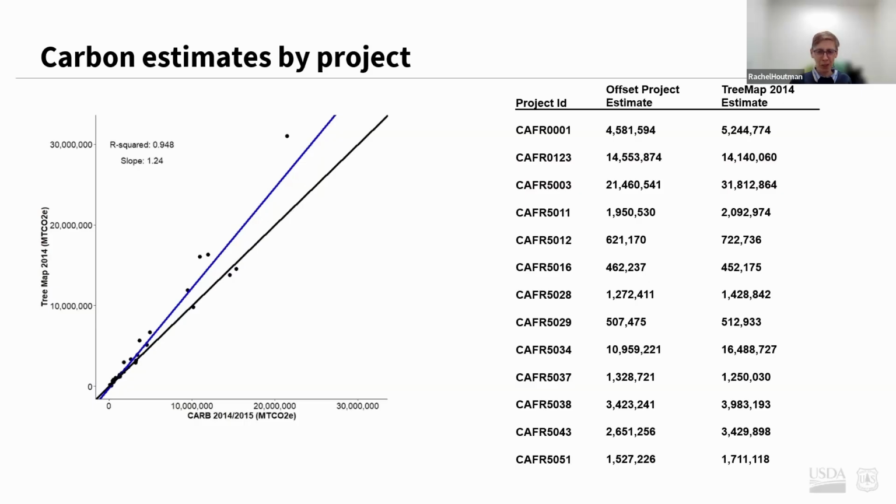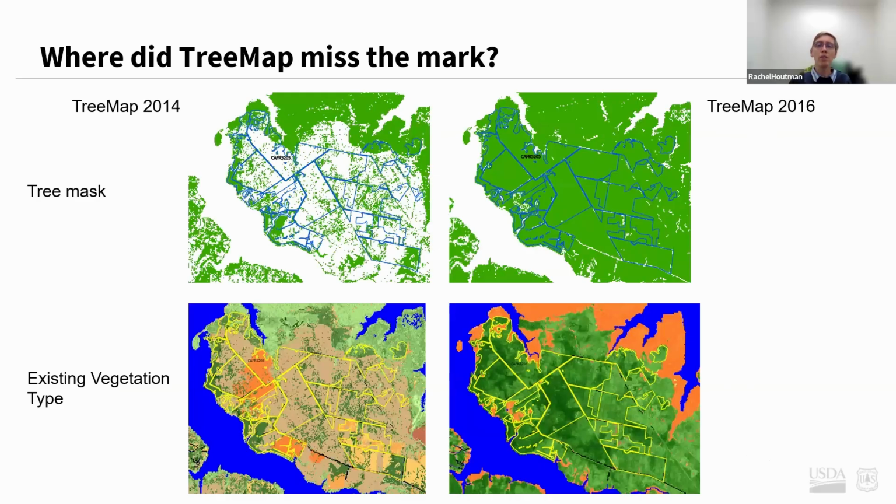I think it was 1.3% less than the carbon estimated by the project itself. Right. And so one of the questions is, where did TreeMap miss the mark? When we're talking about this national data set, when we're looking at an individual project, there are a few things that we want people to be aware of.